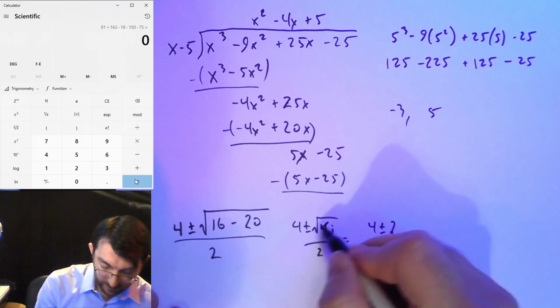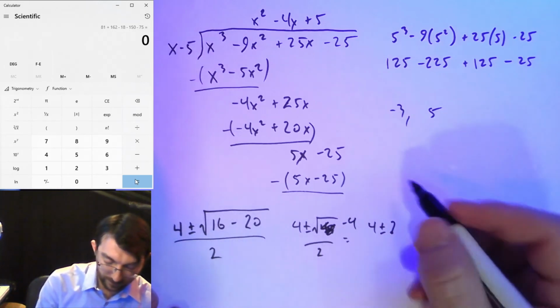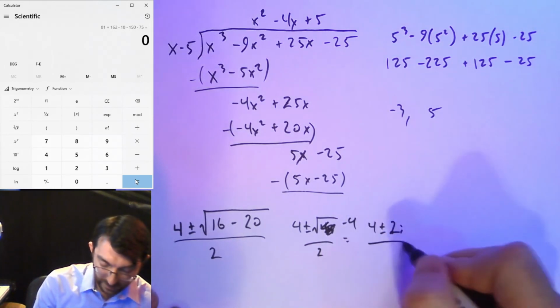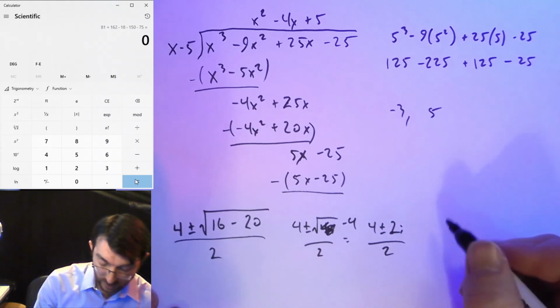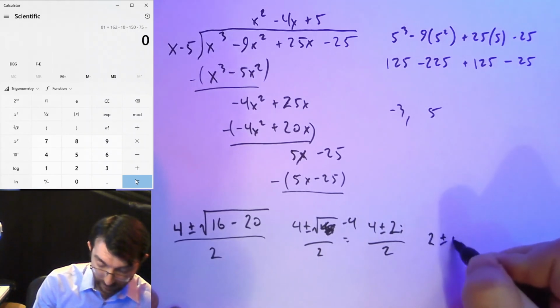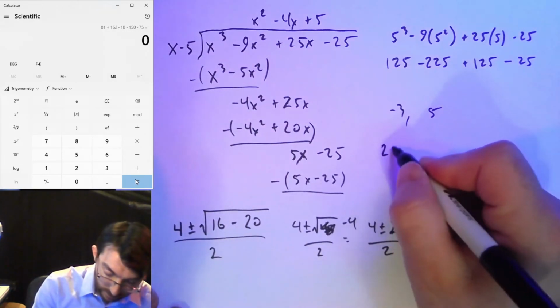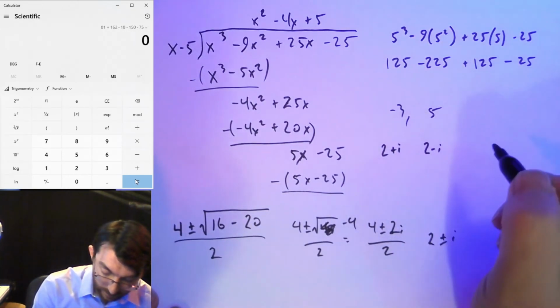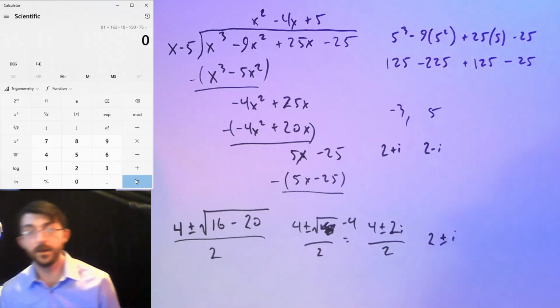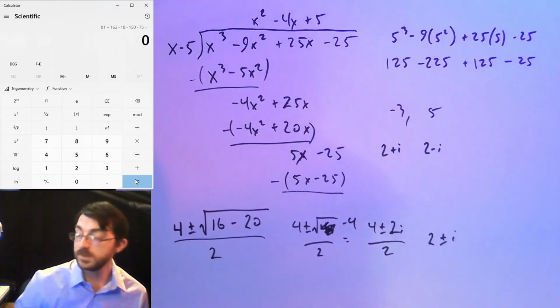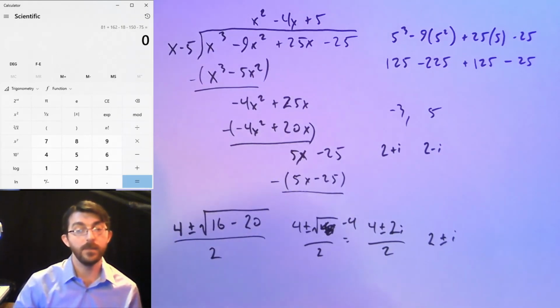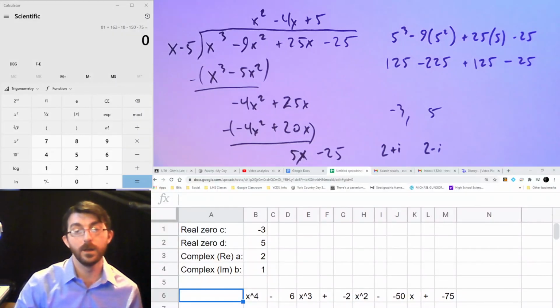I'm sorry, should be -4 in there. I'm getting ahead of myself. 2i over 2, so the 2's cancel. I've got 2 plus or minus i. Yeah, that's what we started with. 2 plus i, 2 minus i. Just so we are remembering this: -3 and 5, 2 plus i, 2 minus i.